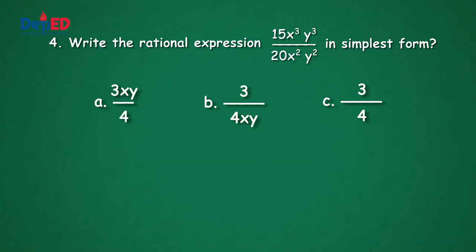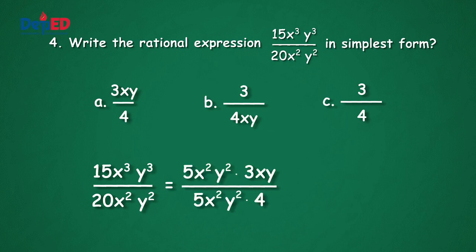To simplify this expression, we can factor the greatest common factor. What do you think it is? The greatest common factor of the numerator and denominator is 5x squared y squared. And the other factors of the numerator and denominator are 3xy and 4 respectively.